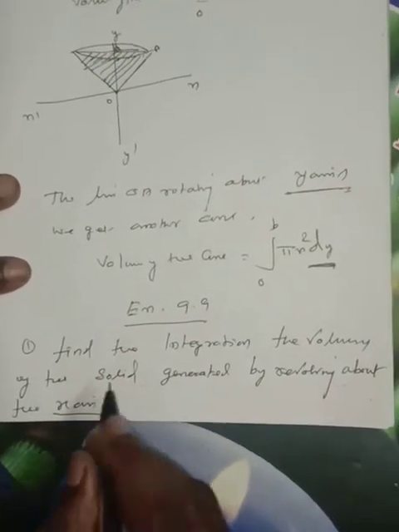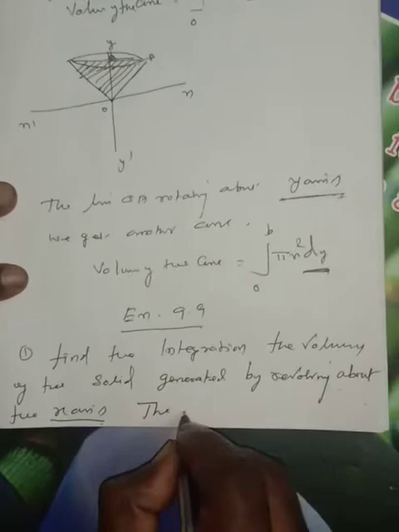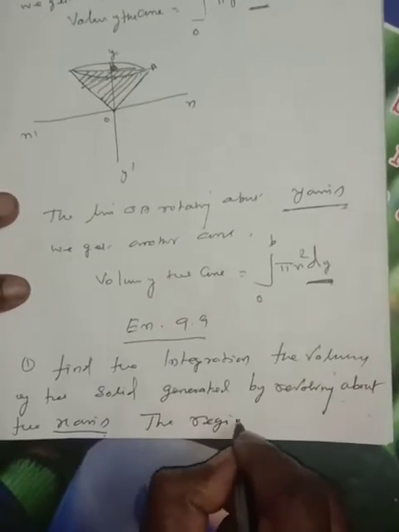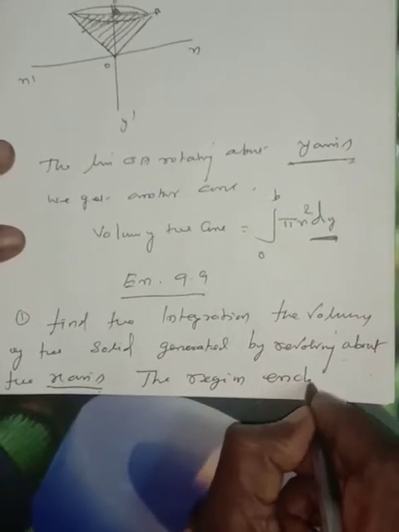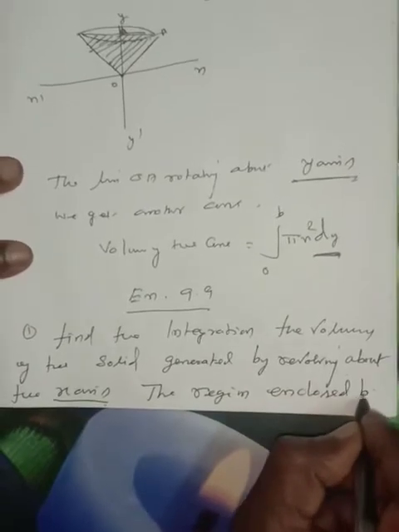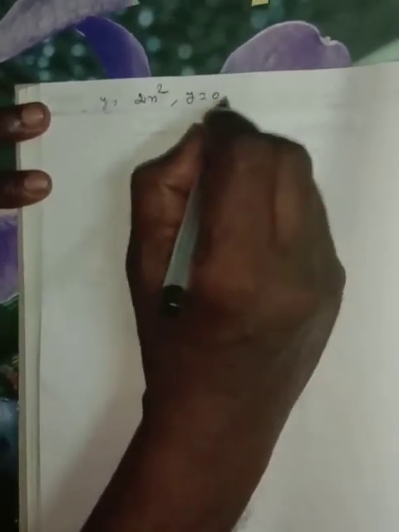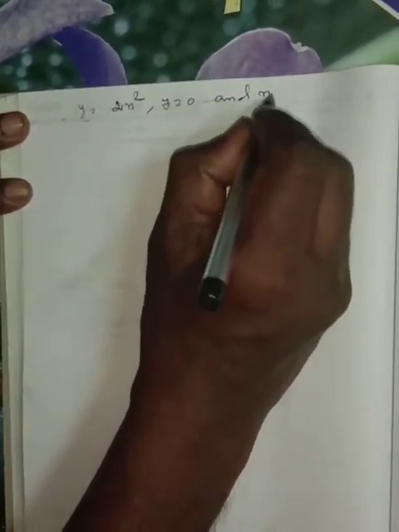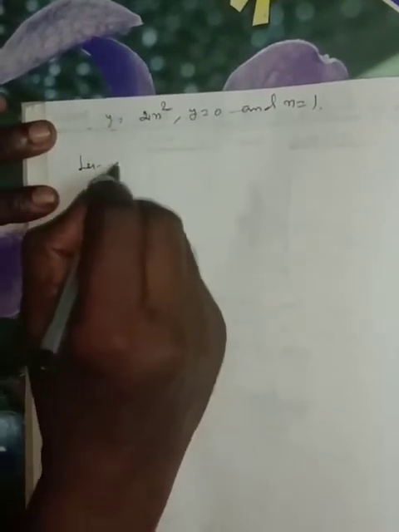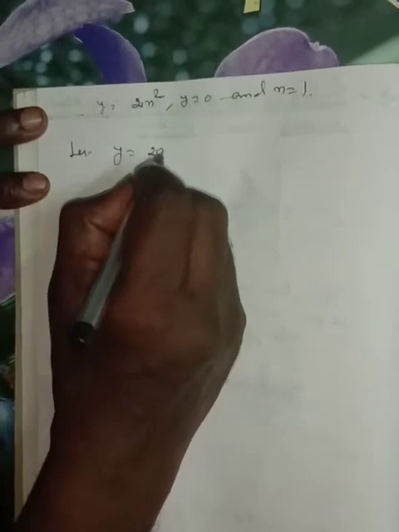The region enclosed by y is equal to 2x square, y is equal to 0 and x is equal to 1. Let y is equal to 2x square be the equation of the curve.